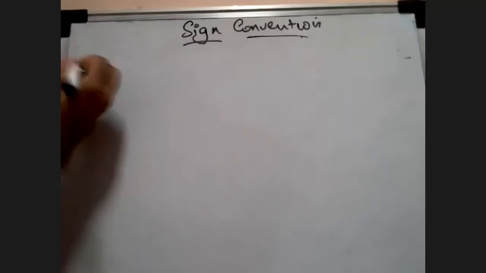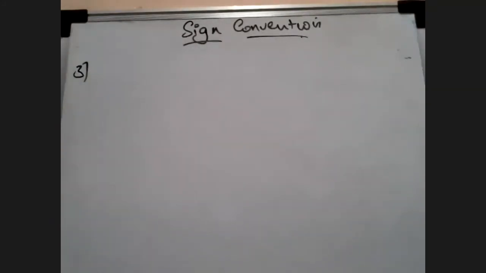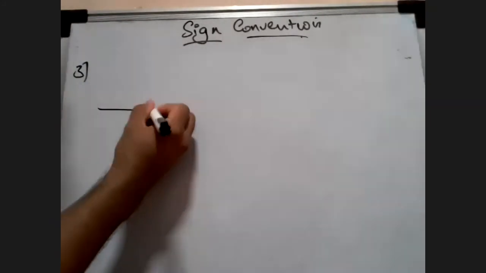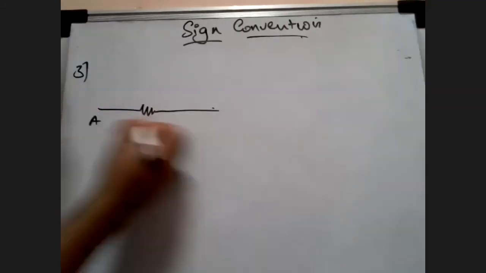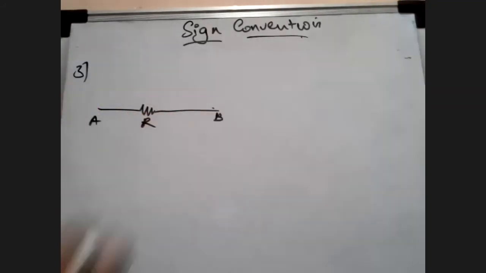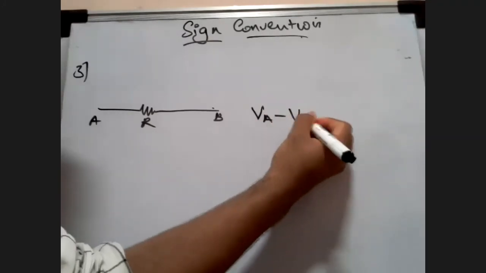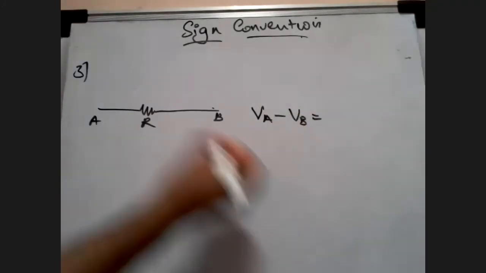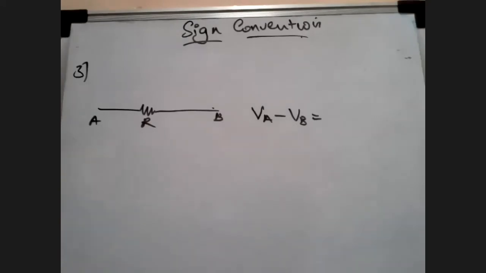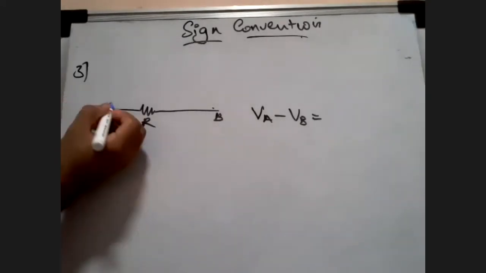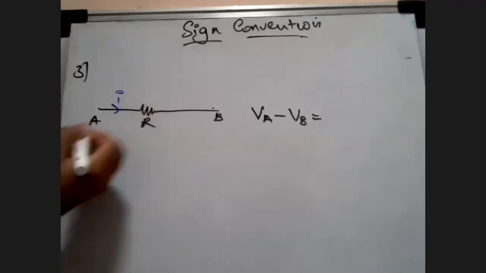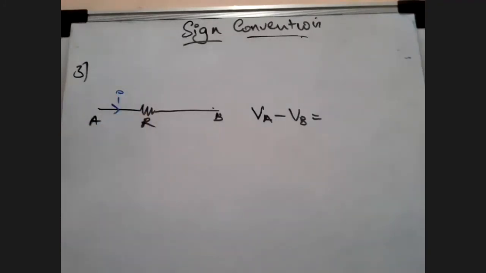The third one is: if there is a resistor right here in between, and again I have to find the potential difference between the points, then VA minus VB is going to be what? Look here. Before you consider the potential difference, please decide the direction of your current.